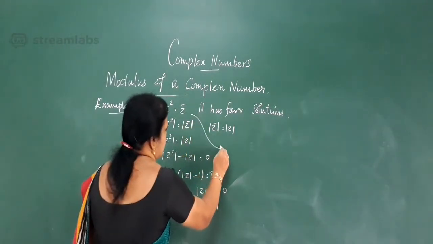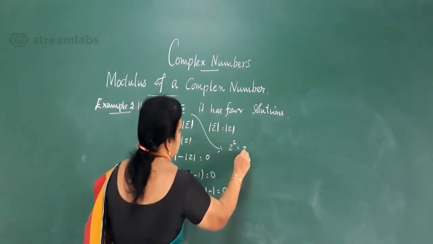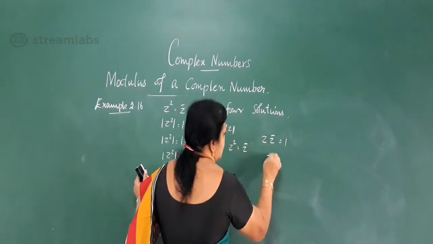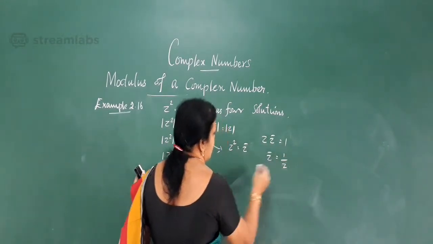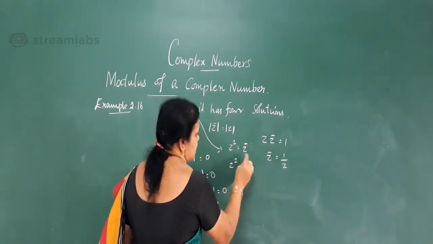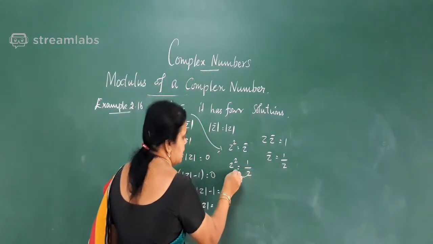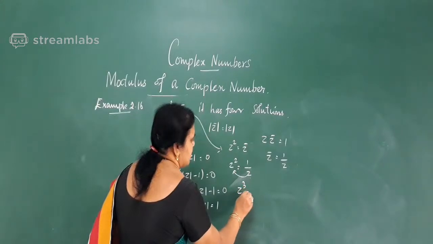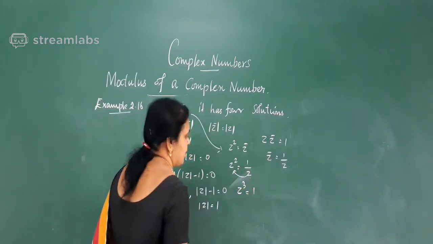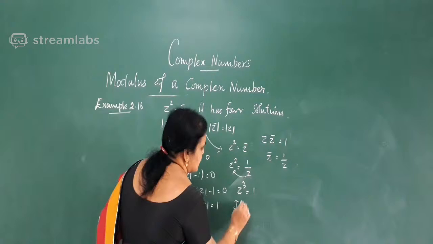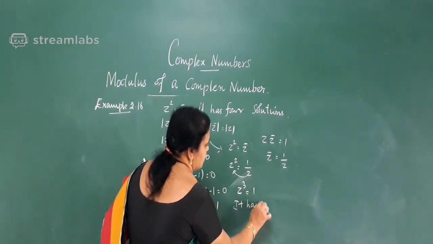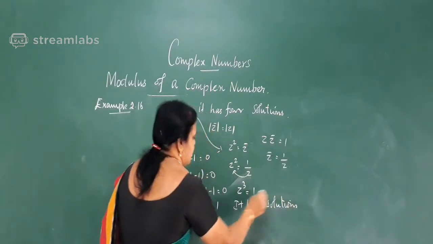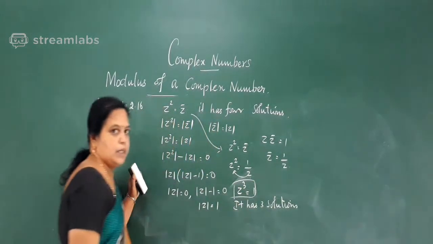Now I am coming to this: z square is equal to z bar. We know z bar is equal to 1 by z. Now I am going to substitute this 1 by z here. Suppose I am bringing this z to the left hand side, the power will be 3. So here it has 3 solutions for this equation.